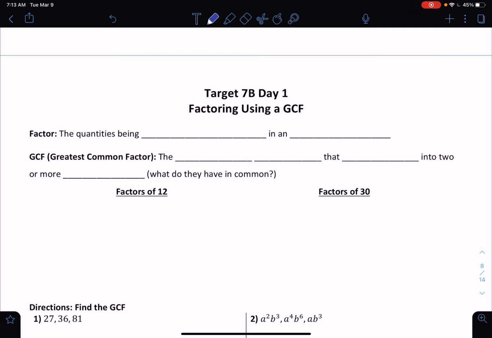A factor is the quantities, the items, that are being multiplied in an expression.